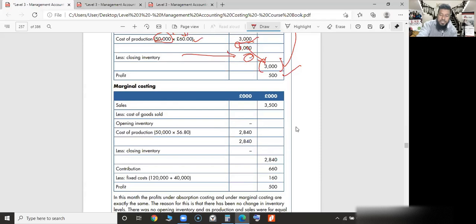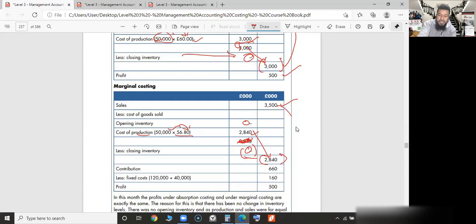Under marginal costing, sales are copy paste because it is the same selling price. Opening inventory is nil because there's none. Cost of production will be different. 50,000 would be costed at marginal costing, variable cost, isn't it? You can ignore this one. I don't like that way of presenting here, but that's your cost of production. There's no closing inventory, so all of it is your cost of sales.